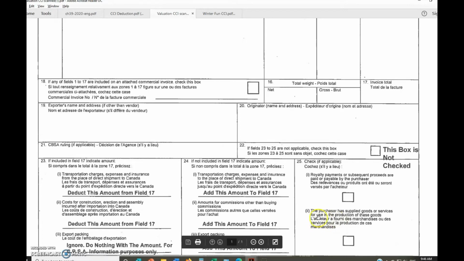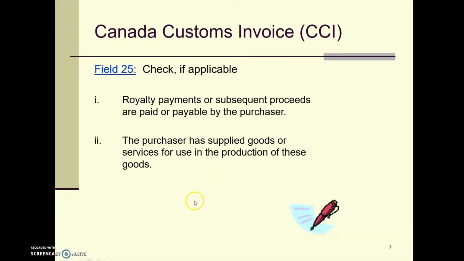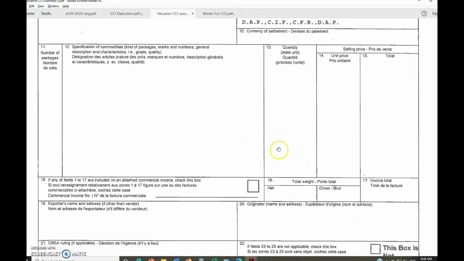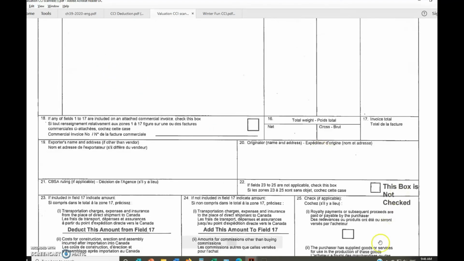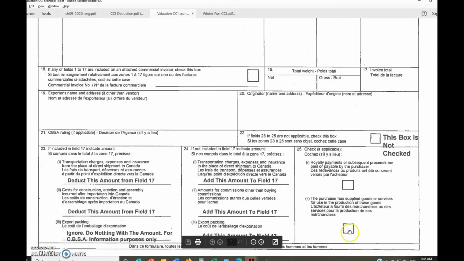Field 25II is the purchaser has supplied goods or services for use in the production of these goods. So the importer has given the manufacturer design drawings, maybe molds, to help make the good, some assistance in producing the good. We have to check this box and tell customs that we're doing that.